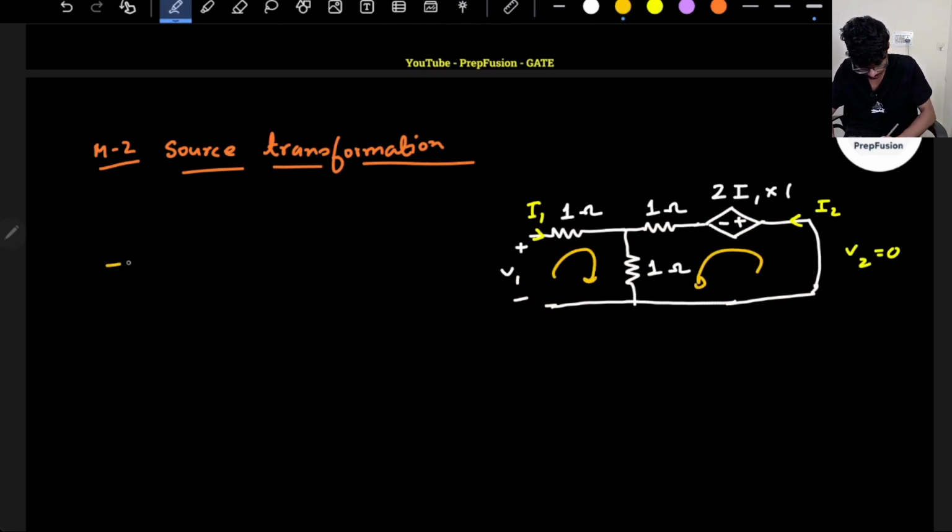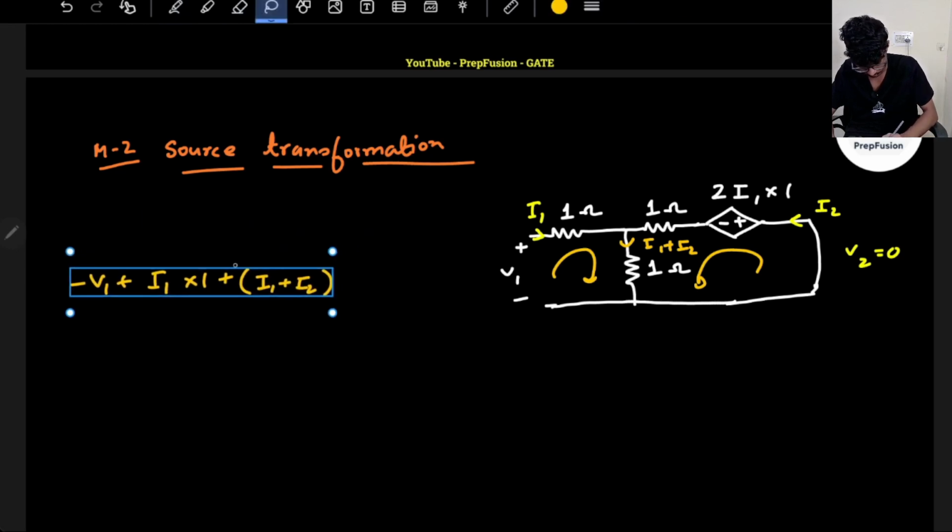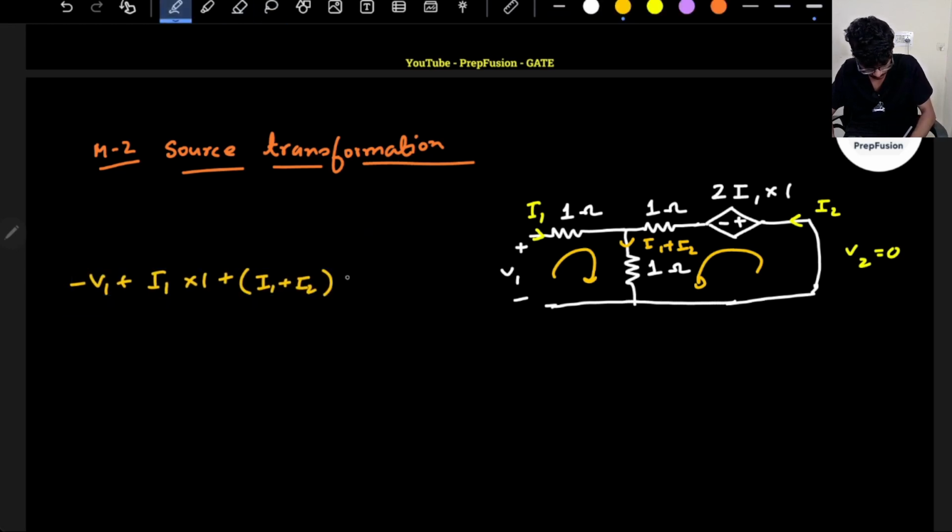So the first KVL will be minus V1 plus I1 into 1 plus, this current is I1 plus I2, I1 plus I2 into 1 equal to 0.